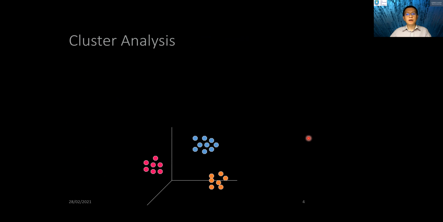We have studied clustering briefly in the MLAI module. So clustering is an unsupervised learning problem. We have a set of data points, and the objective is to separate these data points into different groups, which is called clusters.